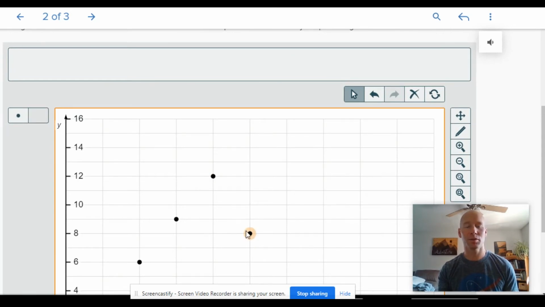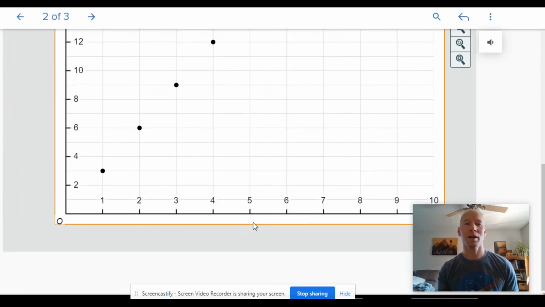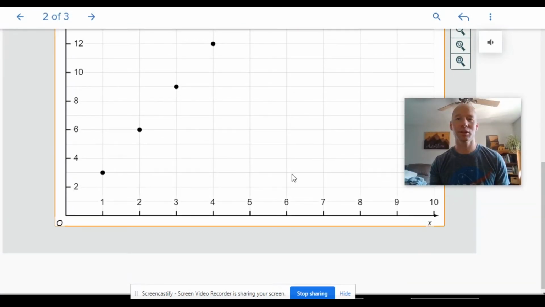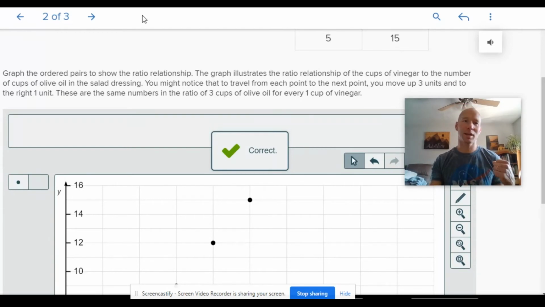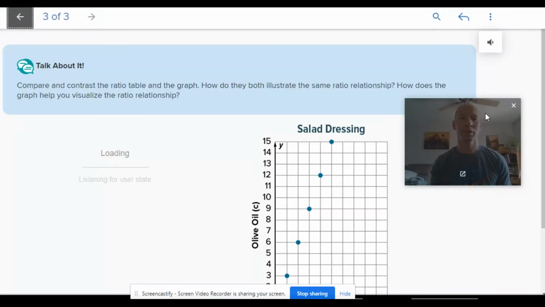And the next one is going to be, well, if the last one is 4 and 12, then 5, 15 is the last one. And these show 1, 3, 2, 6, 3, 9, 4, 12, 5, 15. And we have a line that is our equation. I need to move my video over, check the answer, and it says correct. I got it. So now I'm going to go to the next page up here, page 3 of 3.